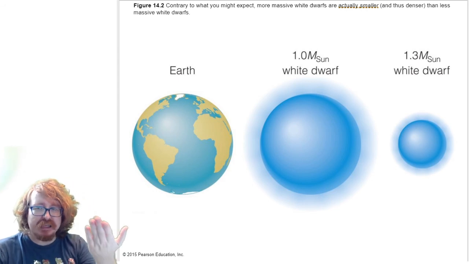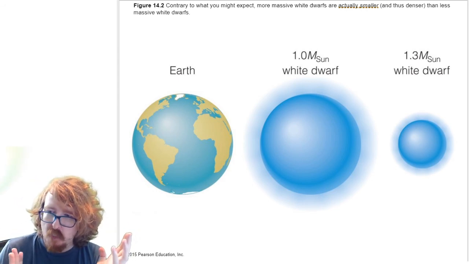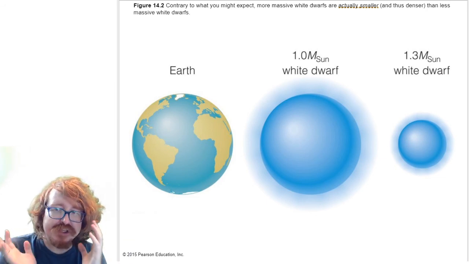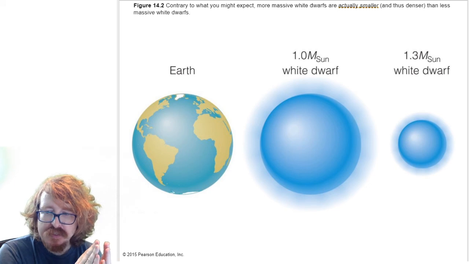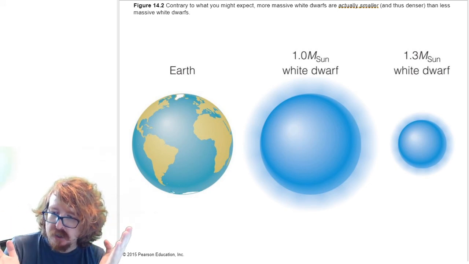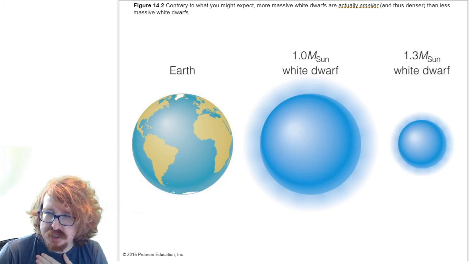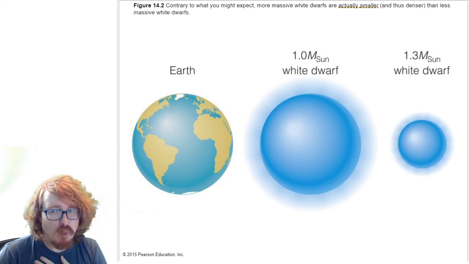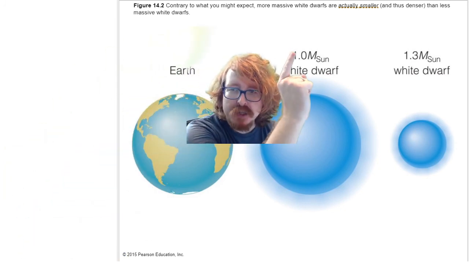So that means that our sun, like all other stars that become white dwarfs, is going to produce a white dwarf with less mass than the original star, okay? Now, that means that our sun is going to produce a white dwarf with a mass less than 1 solar mass.